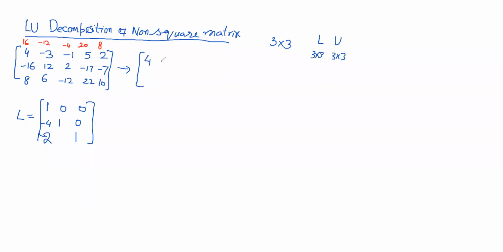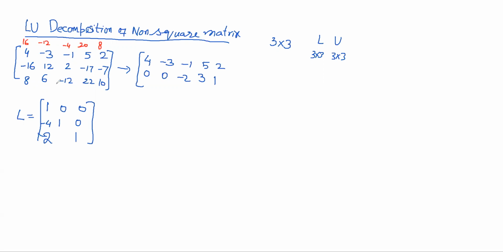Now we get 4, minus 3, minus 1, 5 and 2, same as the first row. The second row will now change. So 16 minus 16 will be 0, and 12 minus 12 will also be 0. 2 minus 4 will be minus 2. Then minus 17 plus 20 is 3. And 8 minus 7 is 1.